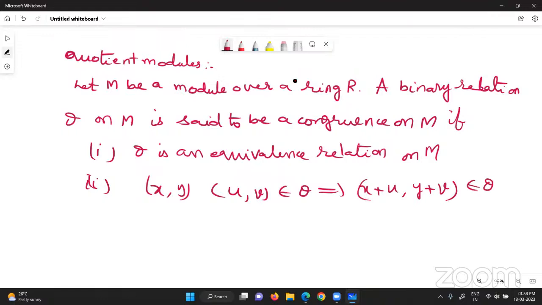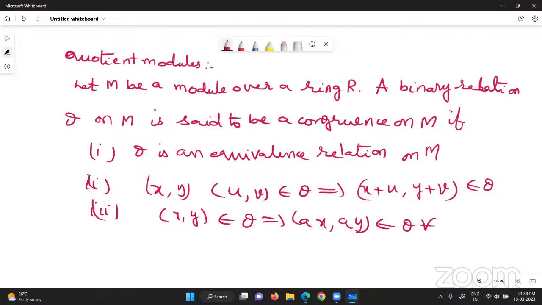And third, (x, y) belongs to theta implies (ax, ay) belongs to theta for all a belongs to R. This is known as a congruence on M.